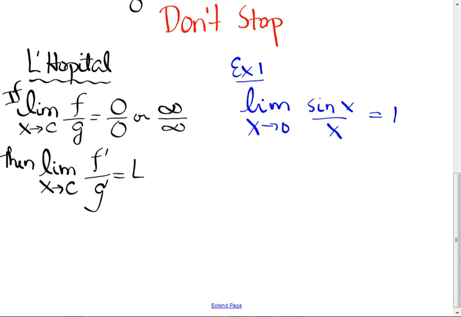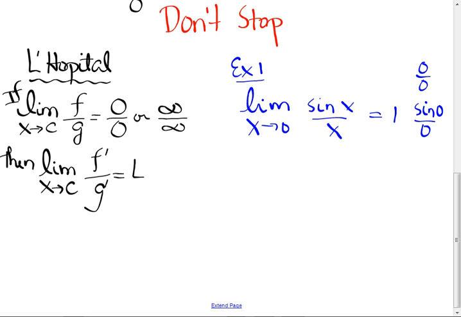So if we put 0 in here, we would get the sine of 0 over 0. What's the sine of 0? 0. So if you write 0 over 0, then the reader knows what you're planning on doing. They understand that you did that part. You understand limits, at least to some degree. If you didn't write that on the exam that I graded, you did not get full credit.